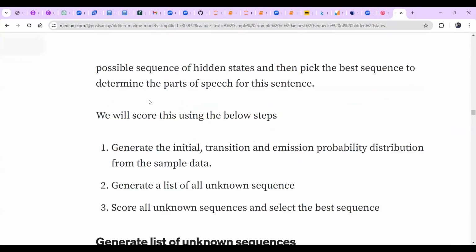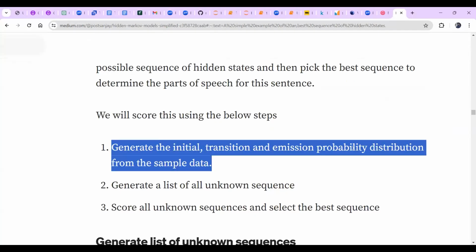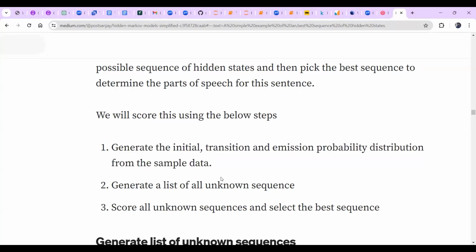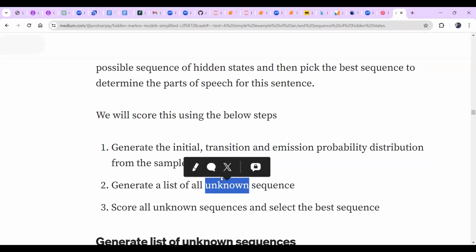So if you read the algorithm, what this says is: generate the initial, transition and emission probability distribution from the sample data. Here it's talking about plotting the histogram and getting the probability distribution, but even without that, you can simply find out all the possibilities. Generate the possible sequences, the things which we have not seen, which are unknown.